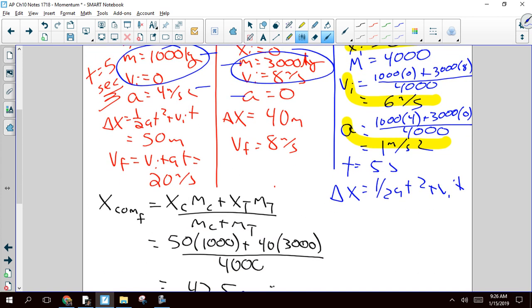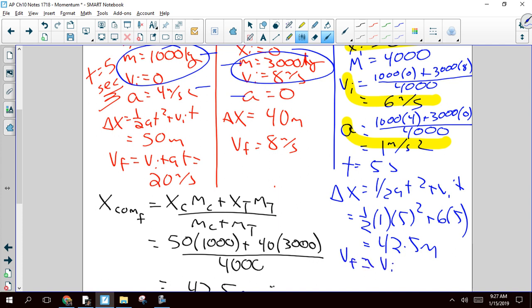And so you get 1/2 times 1 times 5 squared plus 6 times 5. And it gives you 42.5 meters again. And similarly, you can find your vf by doing vi plus at, and you get 11 meters a second.